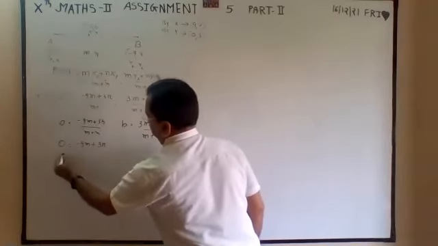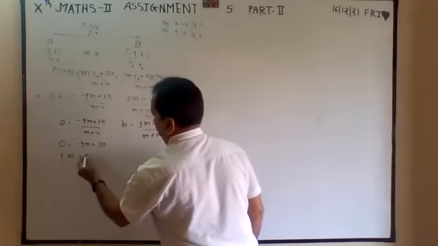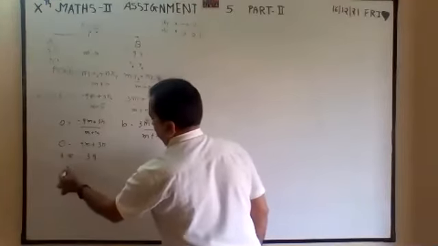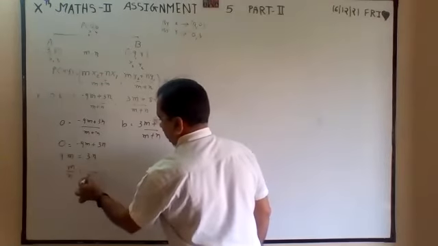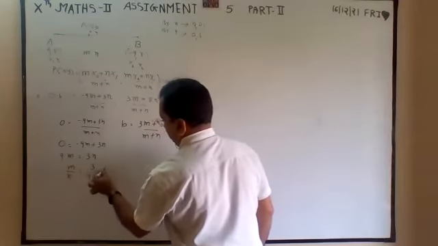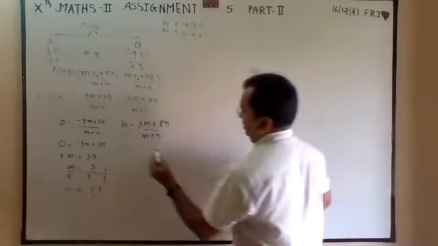This goes this side, so 9m equals 3n, so m by n. This coefficient goes down, 3 ones are 3, 3 threes are 9. So m is to n is equal to 1 is to 3. Now you got m and n, 1 and 3.